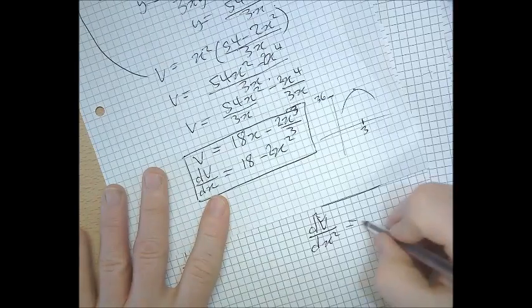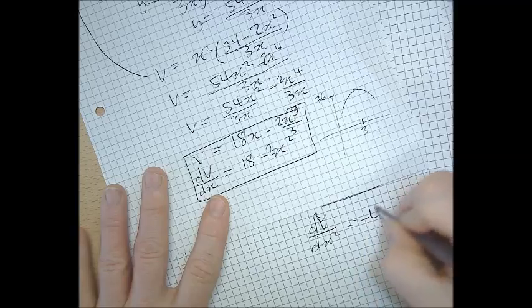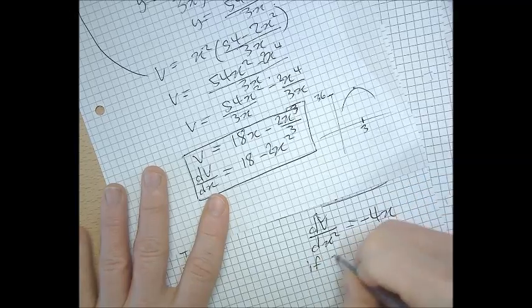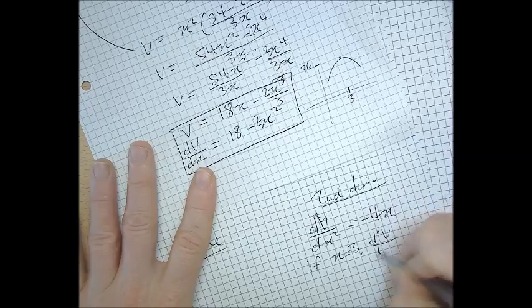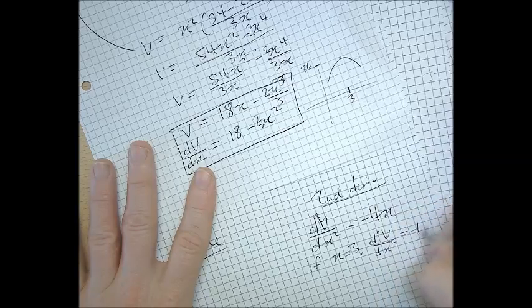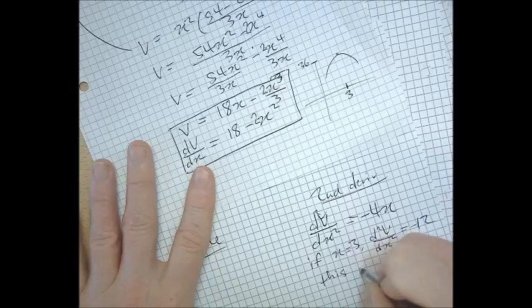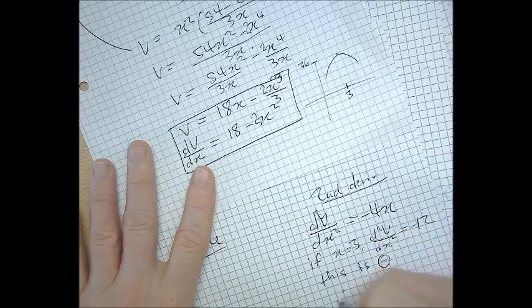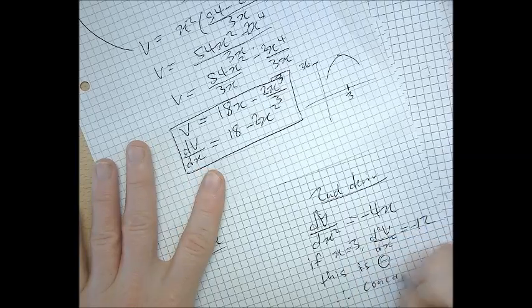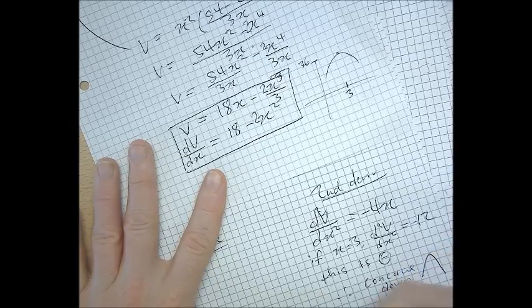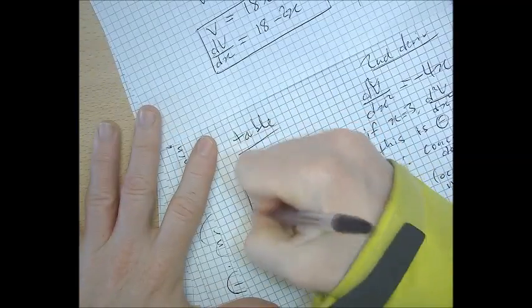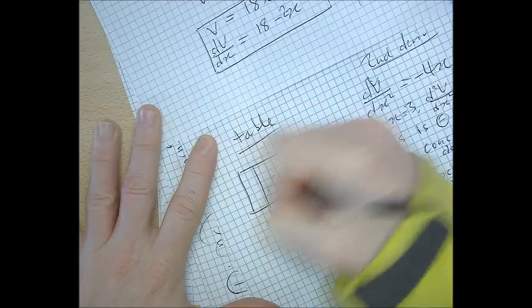You get negative 4x. If x equals 3, the second derivative is equal to negative 12. This is negative, therefore concave down, therefore local max.